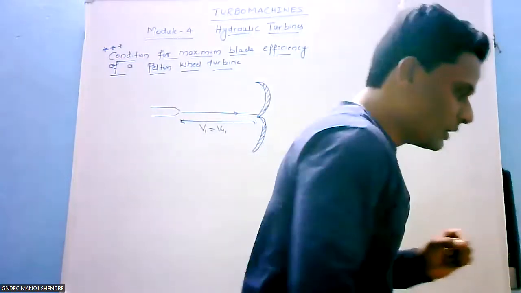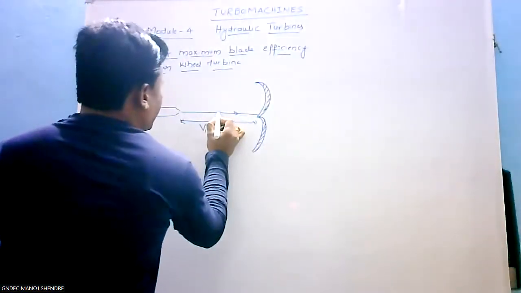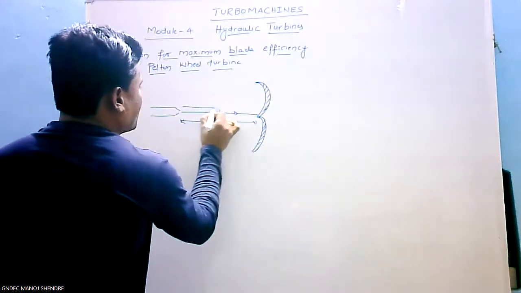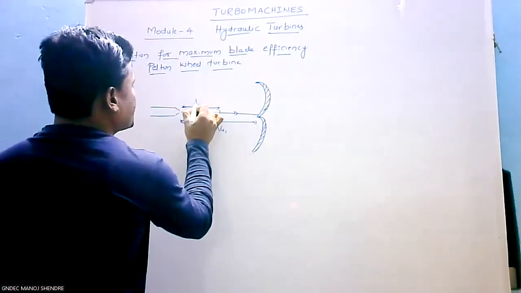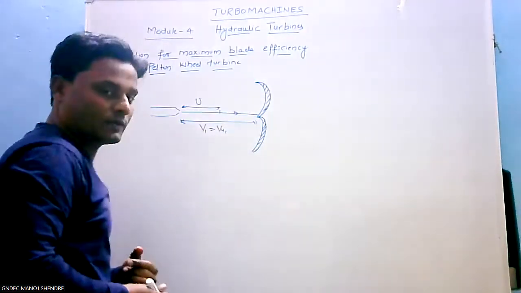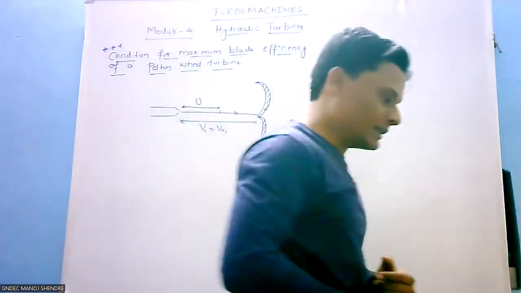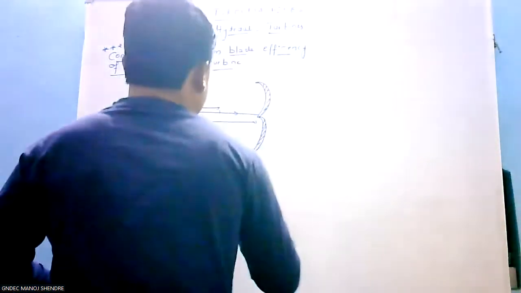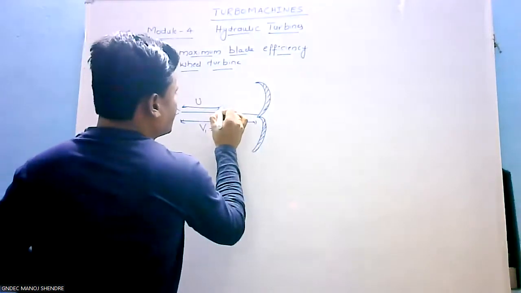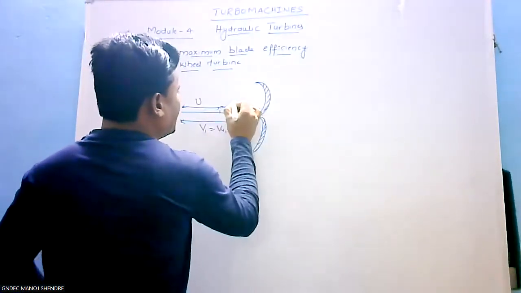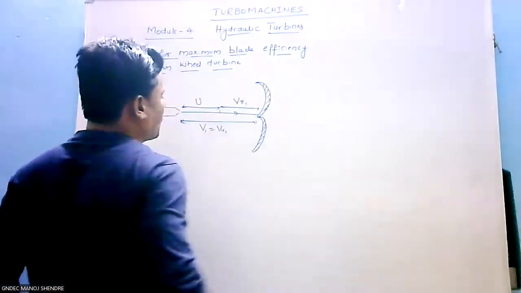Now, this is the tangential velocity of the blade, represented by capital U, and the next one is the relative velocity component VR1.